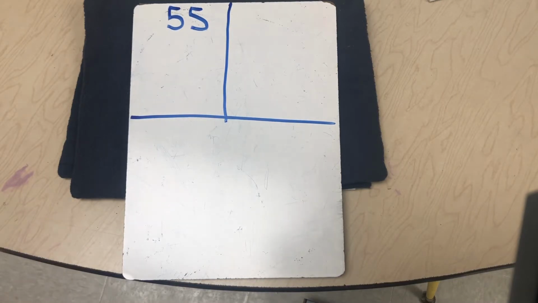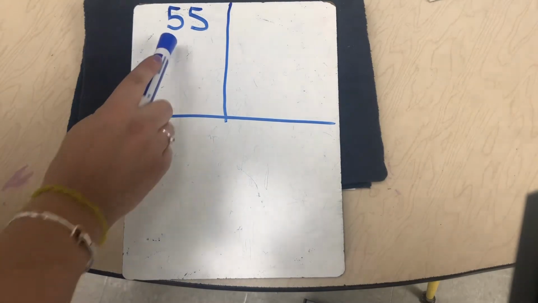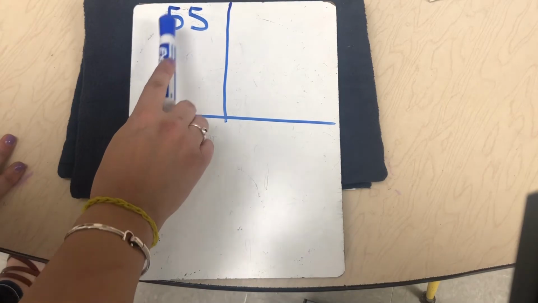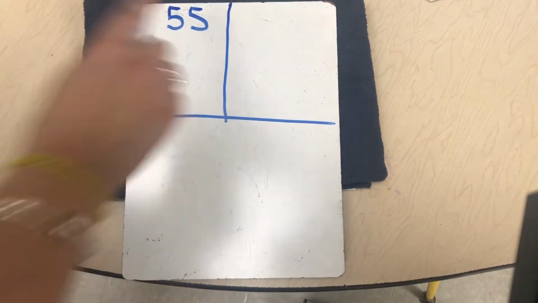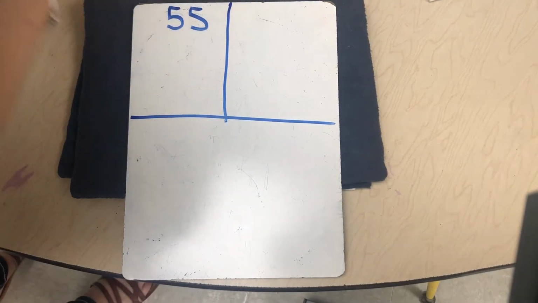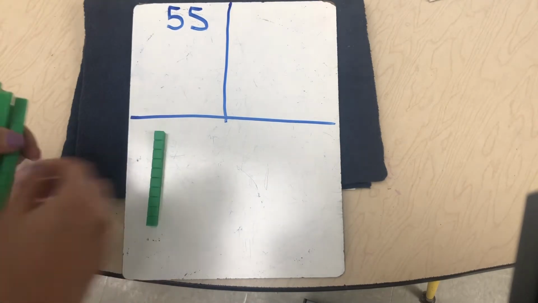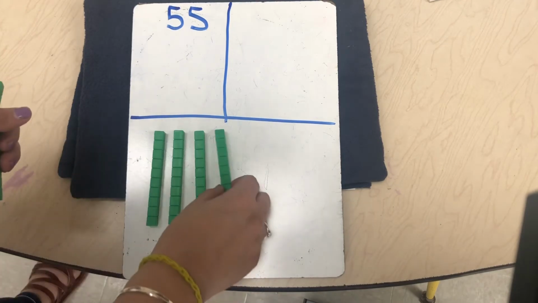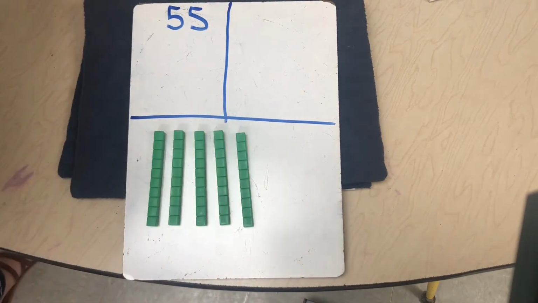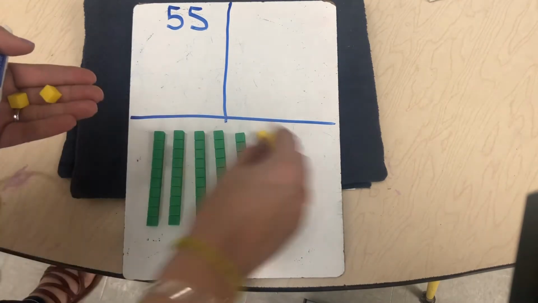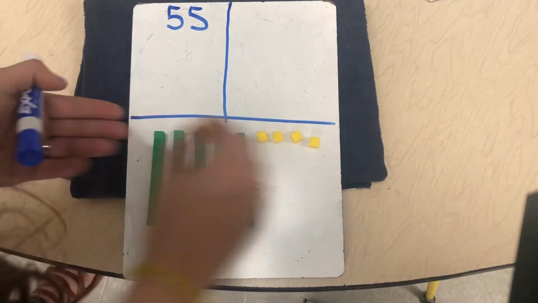Next, we are going to break down 55 into place value. So you look at 55 and you go, oh, this one's kind of easy. In the tens place, there's a 5. In the ones place, there's a 5. So we are going to have 5 tens. So 10, 20, 30, 40, 50, and then 5 ones. 1, 2, 3, 4, 5.